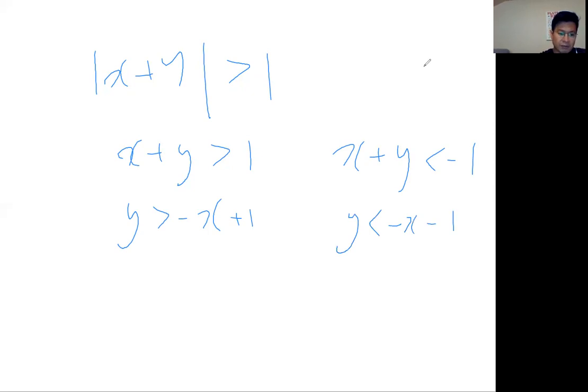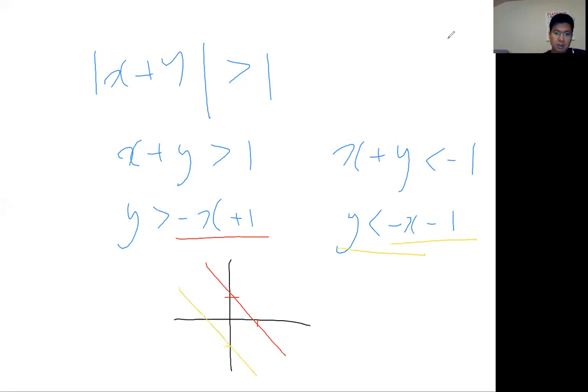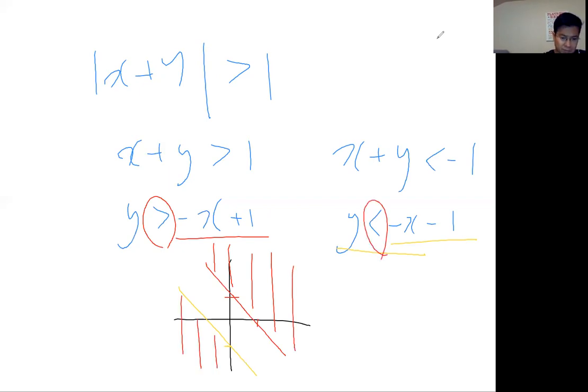Now, if you think about the graph of it, the first one has y-intercept 1, and the graph looks like this. The second one has y-intercept negative 1, and the slope is negative 1, too. So as you see, greater means top, and less means bottom. That's why it is D.